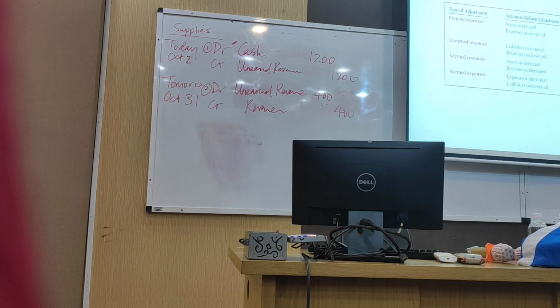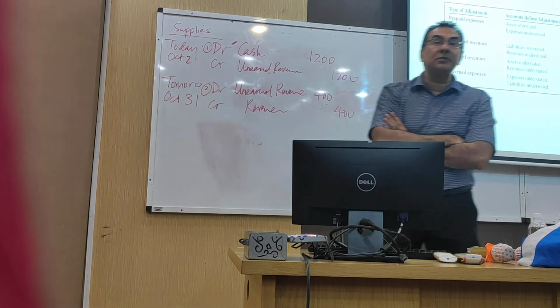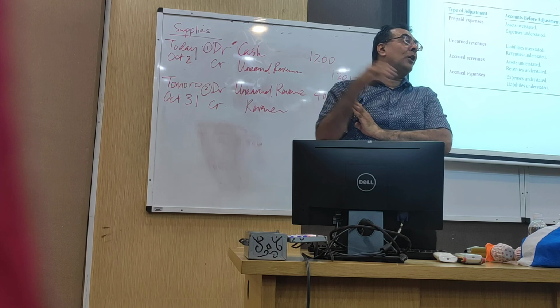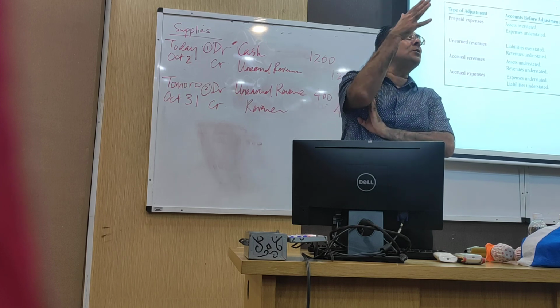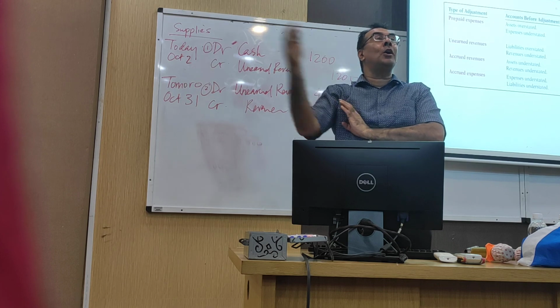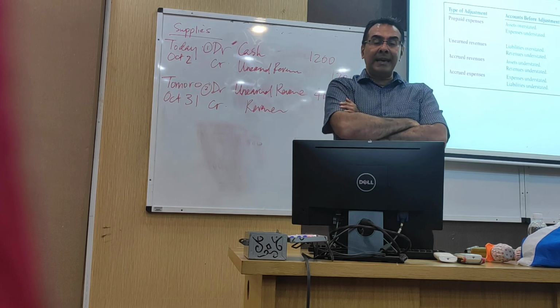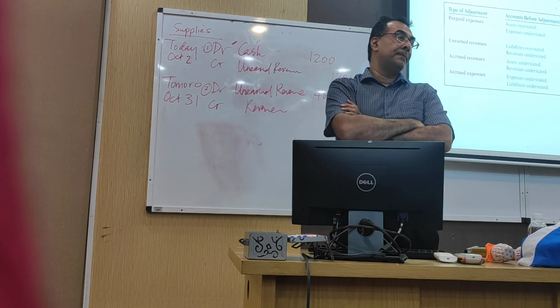When I think of accrued revenues, I'll be recording the revenue today. And when I think of accrued expenses, again, I will be recording the expense today. When I record a revenue or expense today, it means I will record the cash tomorrow. If I record the cash today, it means I will record the revenue or expense tomorrow.